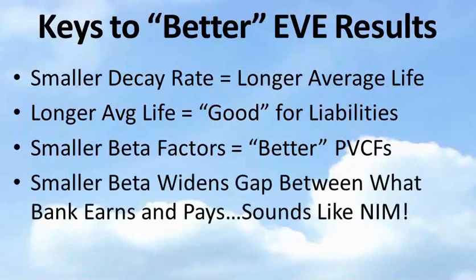And here's the way I like to look at it. A smaller beta widens the gap between what the bank earns and what the bank pays. It's a lot like your net interest margin, right?